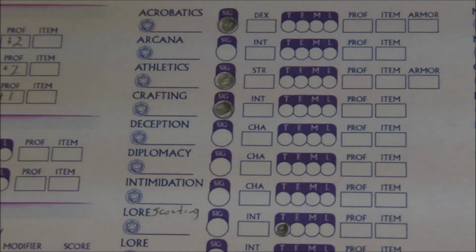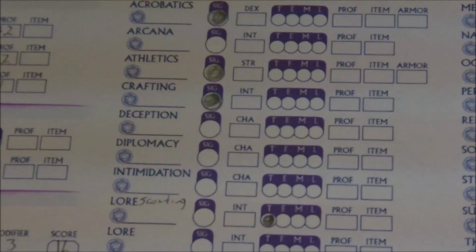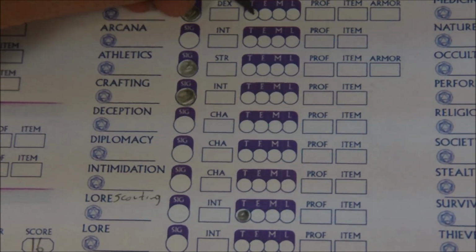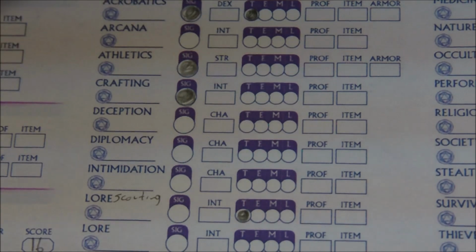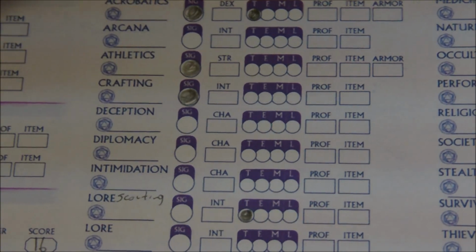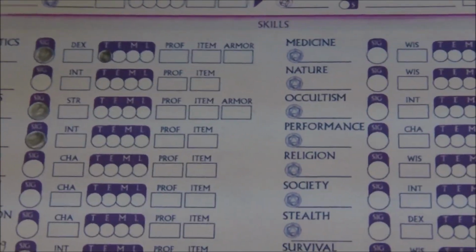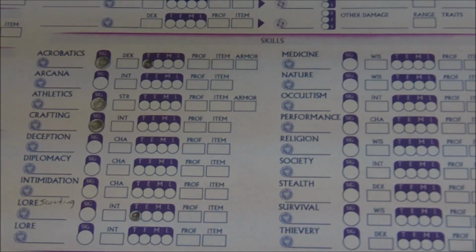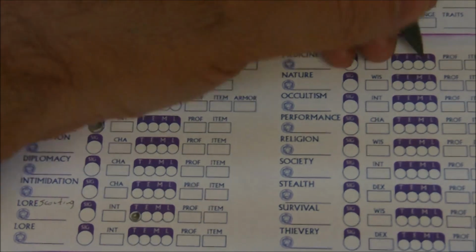Alright, so for those skills, the first one that I want to take, I actually do want to take training in acrobatics. I also want to take, zoom out just a little bit here, I'm going to put a proficiency into nature as well.